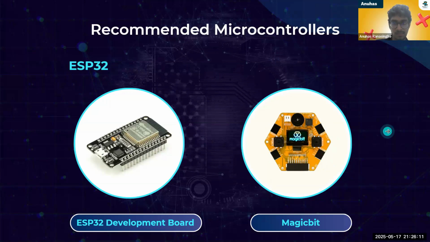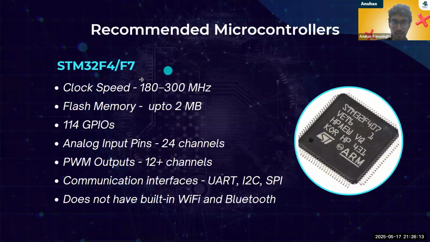And then another microcontroller is the STM32 F4 series or F7 series. They have more clock speed, from 180 to 300 megahertz, so it varies depending on which model you are going to buy, and they have more pins: 114 pins on the STM32 F4 and F7 series.